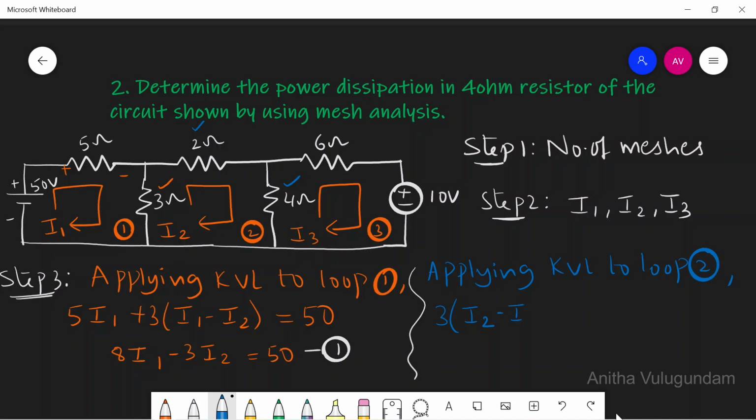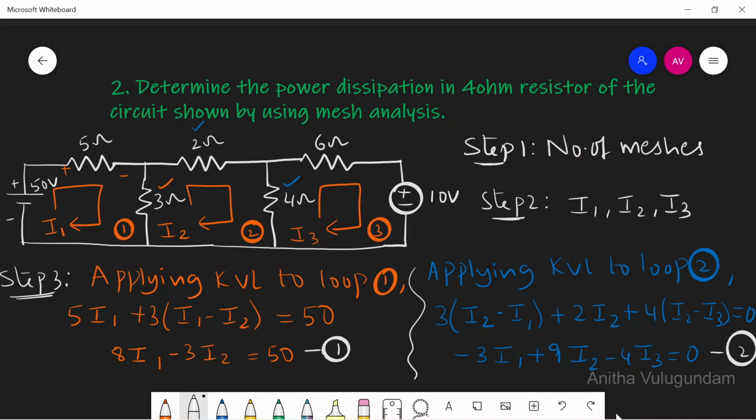So 3 into (I2 minus I1) plus 2 I2 plus 4 into (I2 minus I3) equal to 0. We can rewrite this equation as minus 3I1 plus 9I2 minus 4I3 equal to 0. Let this be equation number 2.